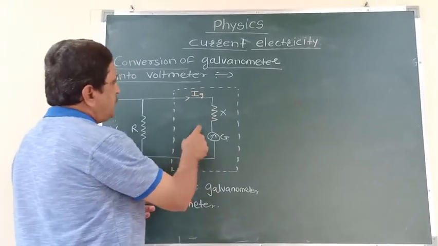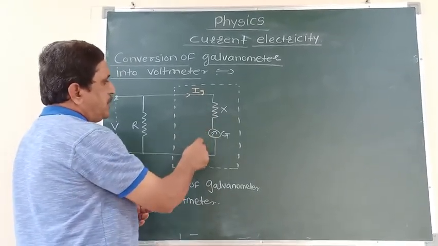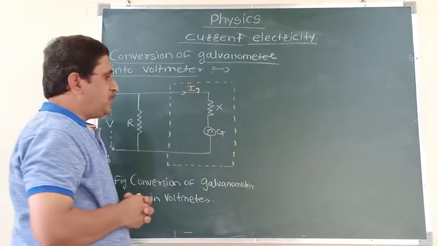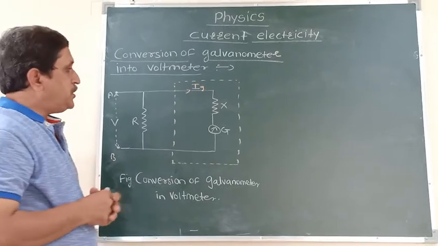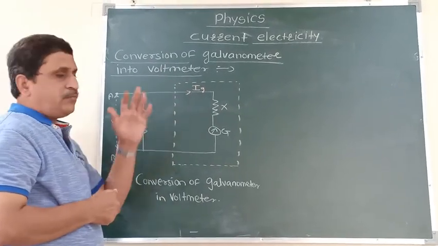That's why here a resistor is connected in series combination with the galvanometer.